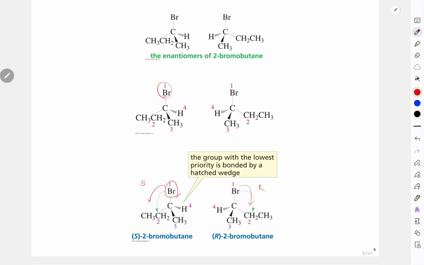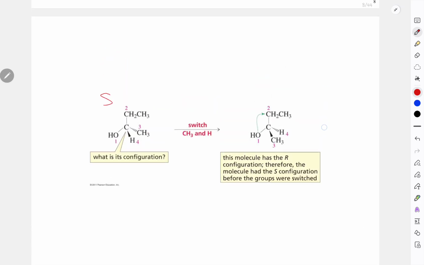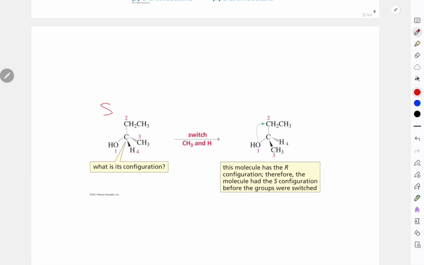That's what we studied, and this is one way you can invert or draw the pairing. So let's say you have this absolute configuration. Perhaps you can assign the R versus S configuration, the absolute configuration, for this asymmetric center.